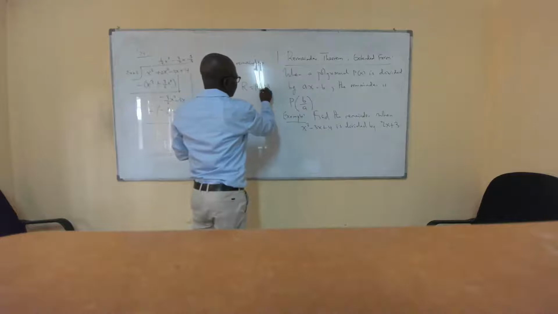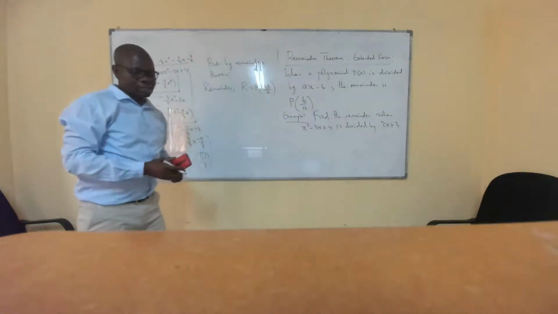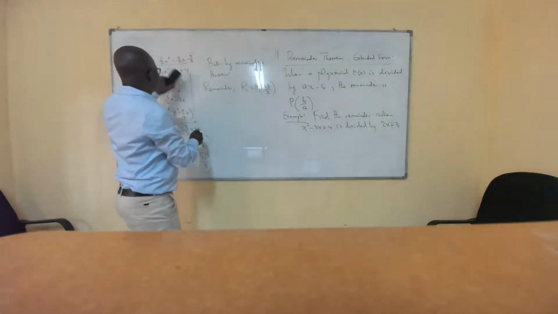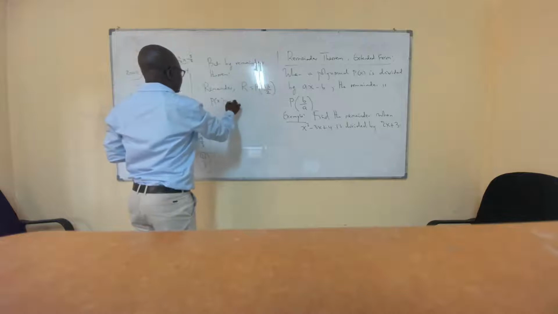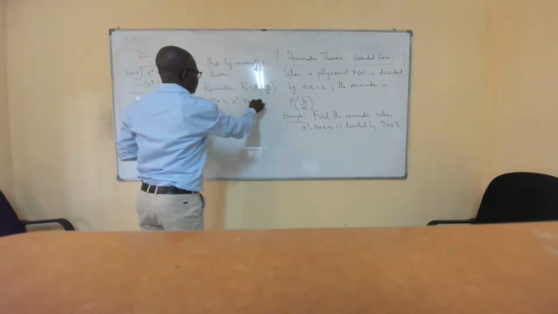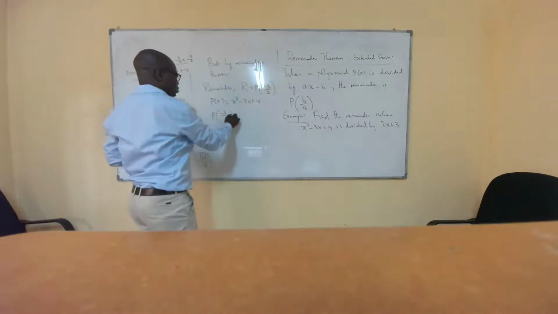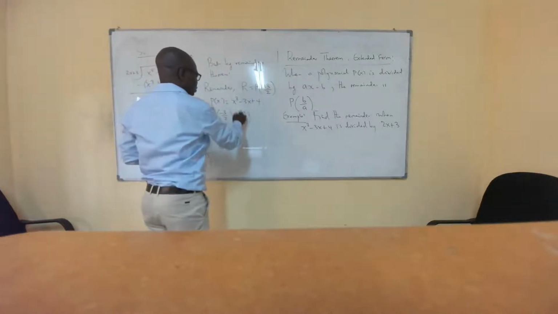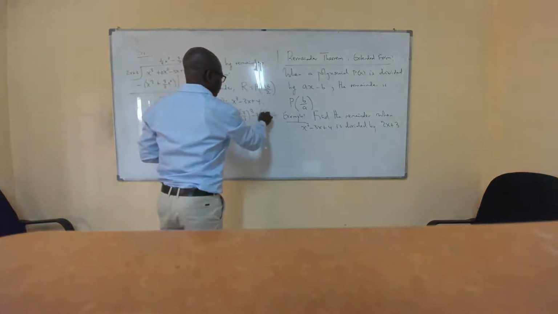So just evaluate the given polynomial dividend using this value. So that's what it is saying. Your P of x is x to the power 3 minus 3x plus 4. So therefore your P at minus 3 over 2 is minus 3 over 2 to the power 3 minus 3 over 2 then plus 4.